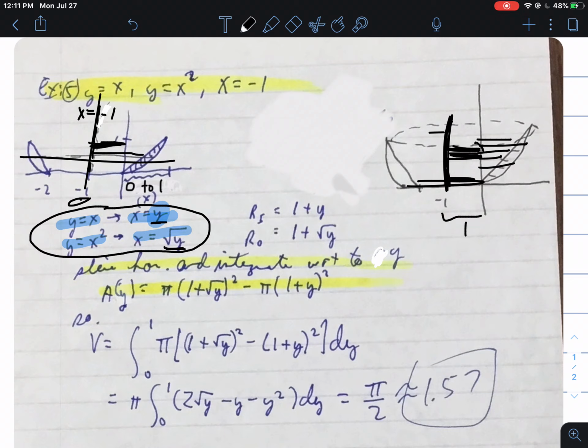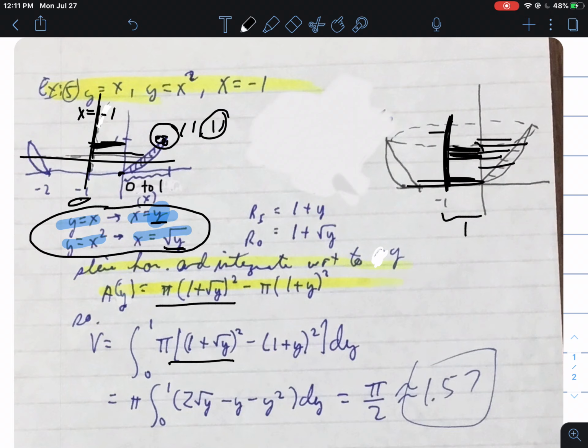So I've got, again, from 0 to 1, because if I go vertically, those points of intersection, remember, were the origin and the point 1, 1. So I'm still integrating from 0 to 1 with respect to y in this case. So the integral from 0 to 1, pi times the outer radius squared minus the inner radius squared. This one is what I wanted to do.